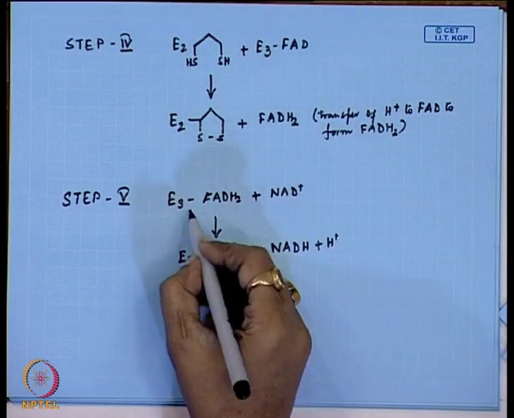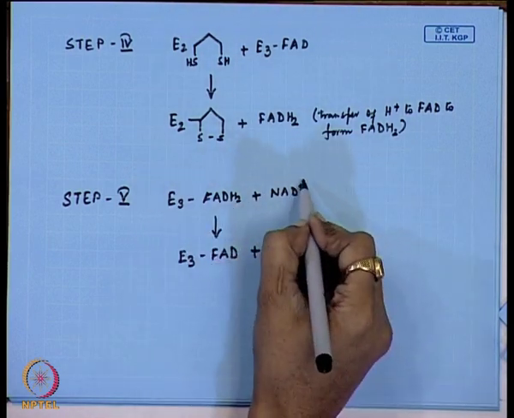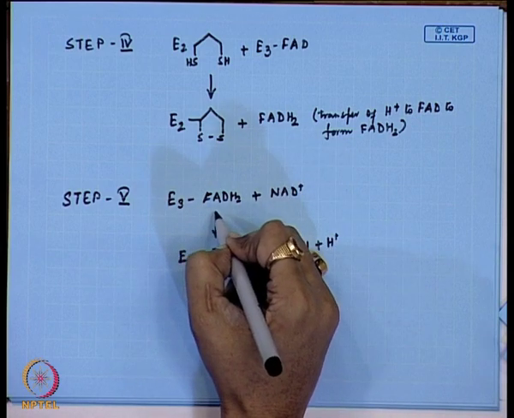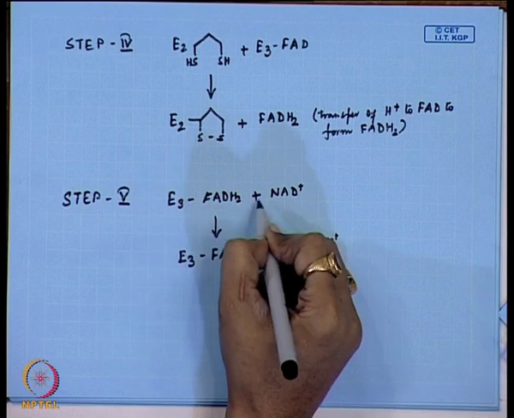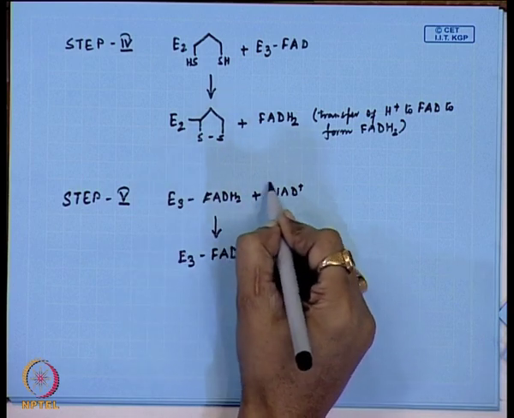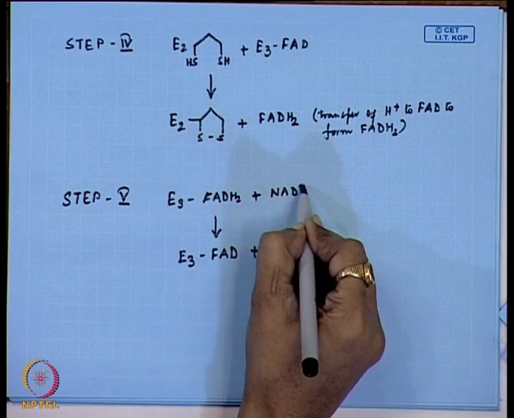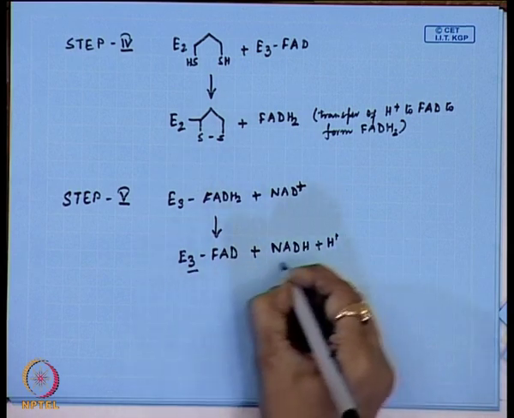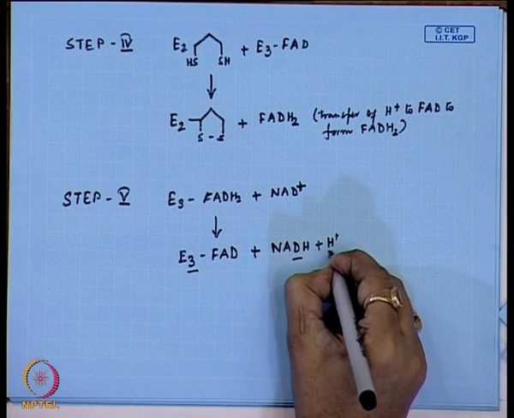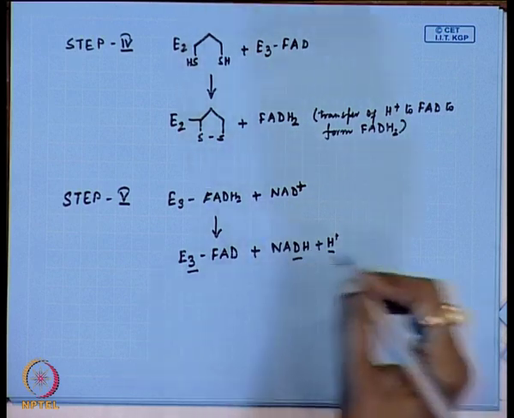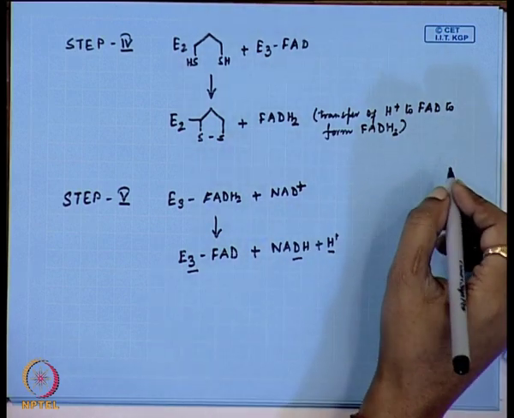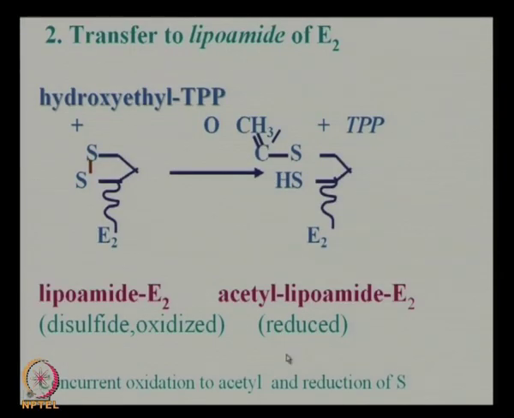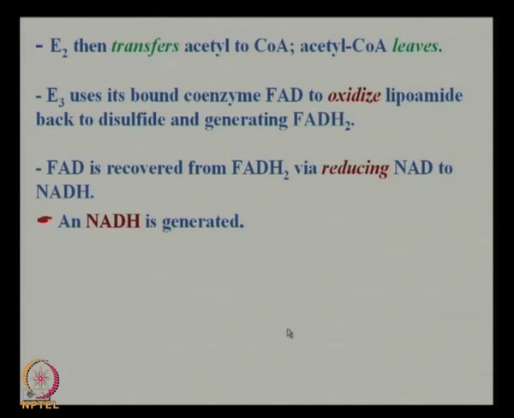This E3 FADH2, in presence of another cofactor NAD, forms E3 FAD and NADH and H, and with the release of acetyl-CoA, in this way we get acetyl-CoA in this particular reaction.